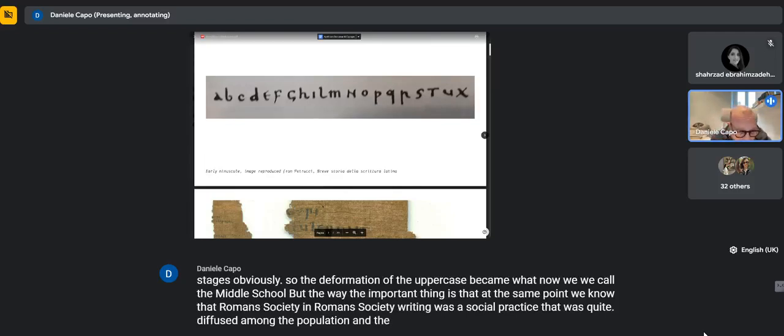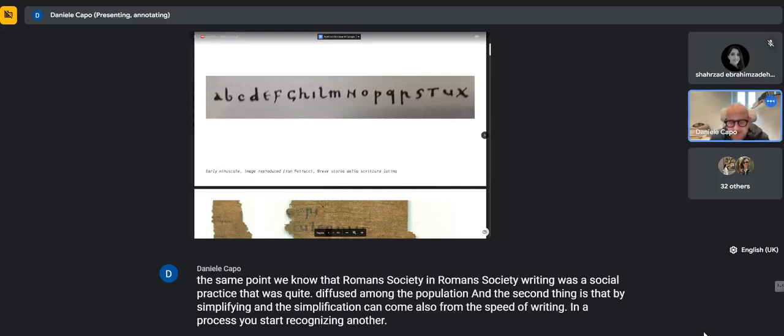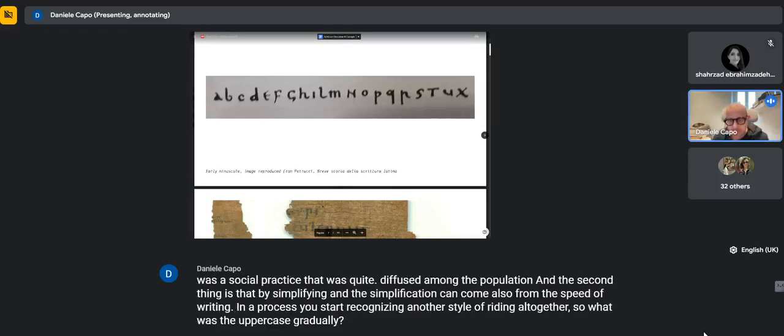And the second thing is that simplification can also come from the speed of writing. In a process, you start recognizing another style of writing altogether. So what was the uppercase gradually became the lowercase.